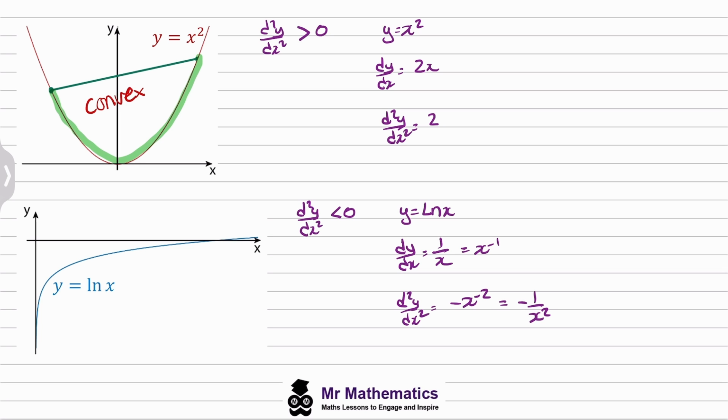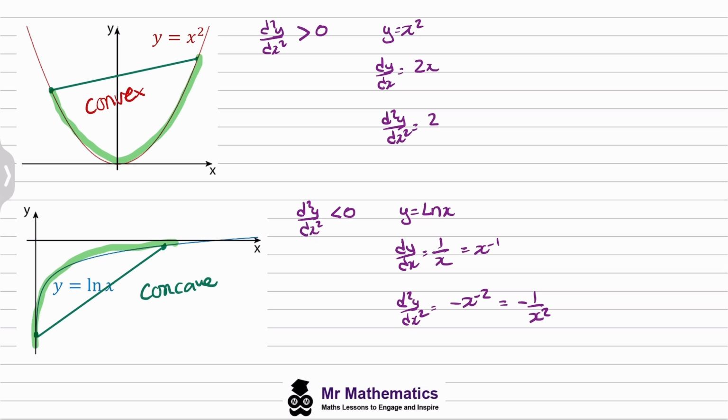And we know that x squared is always positive, so the rate of change of the gradient must always be negative. And we call this a concave function. So if you join 2 points on the curve with a straight line, you can see that the curve is always above the line. So this is concave.